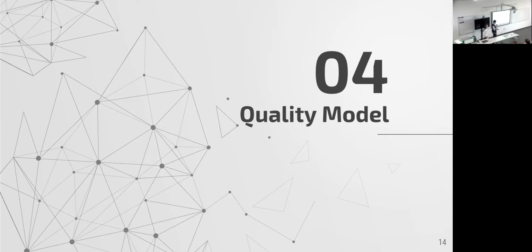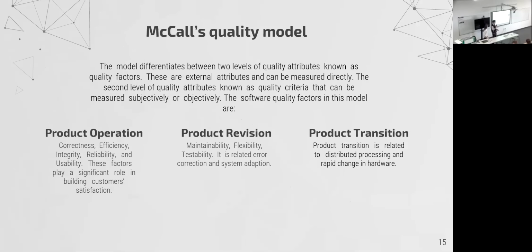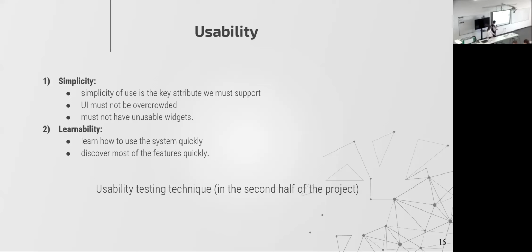Yeah, and we were also required to speak about the quality model. So let's remind you, we chose the McCall quality model, and our attributes are usability, which we partly tested, but not with other users. So it will be our goal to test it in the next part of the project.